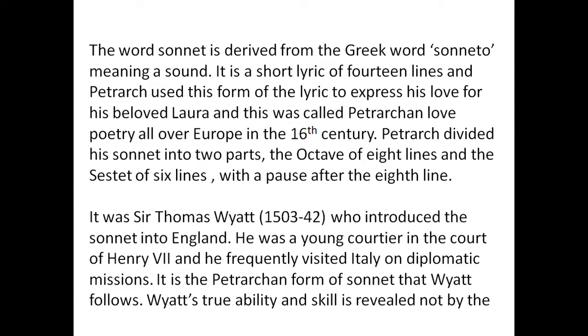And this was called Petrarchan love poetry all over Europe in the 16th century. Petrarch divided his sonnets into two parts, the octave of 8 lines and the sestet of 6 lines, with a pause after the eighth line.